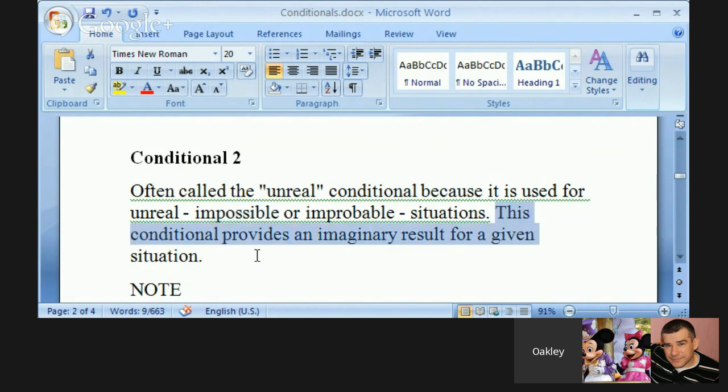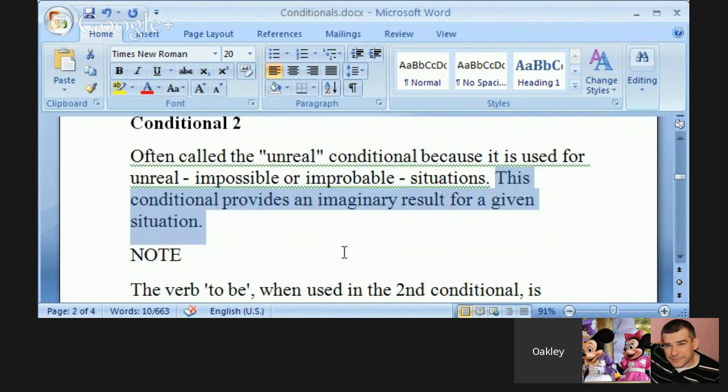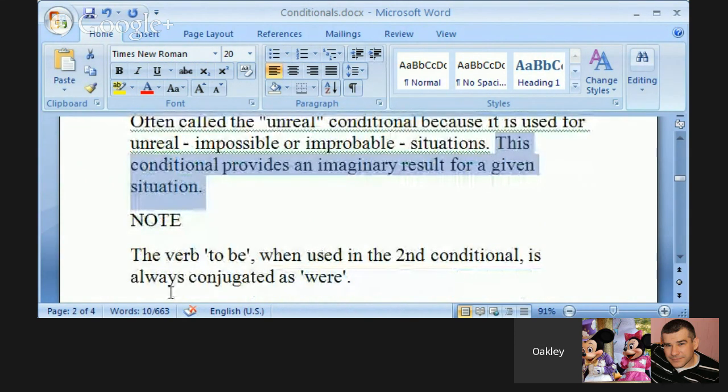So this conditional provides an imaginary result for a given situation or a hypothetical result for a hypothetical condition.